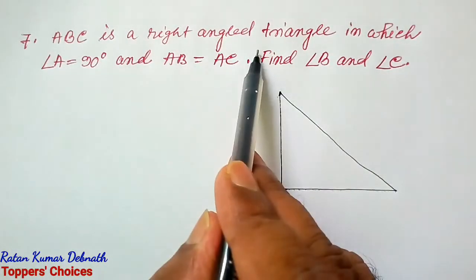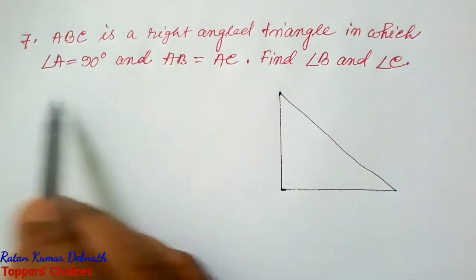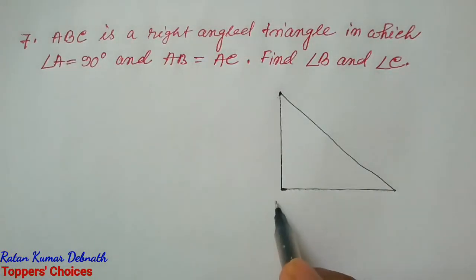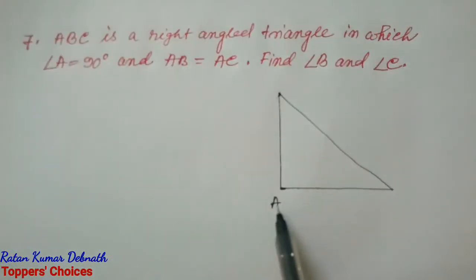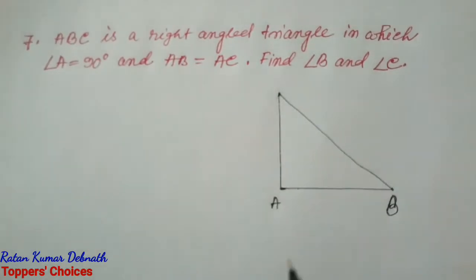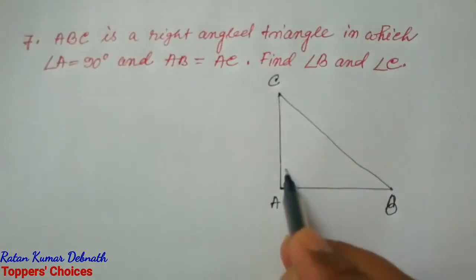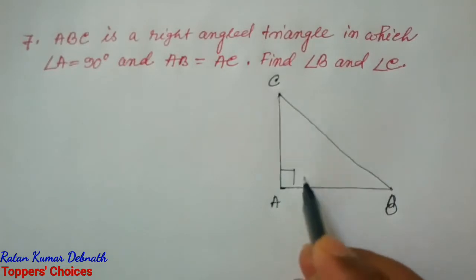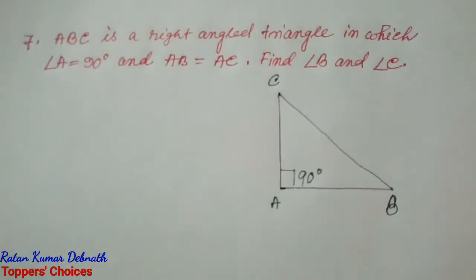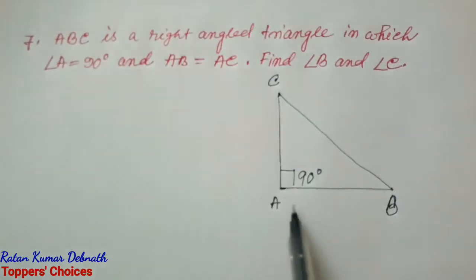ABC is a right angled triangle in which angle A is 90 degree. So I mark this point as A and this is our B and this point C. So this angle is 90 degree, and as per instruction I take AB equals to AC.